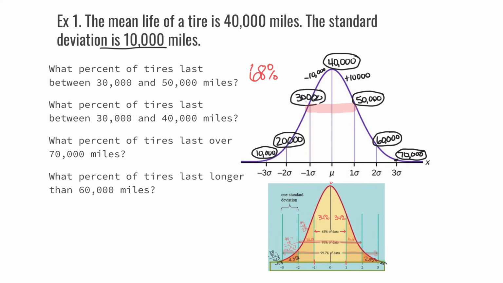What percent of tires last between 30 and 40? So 30 and 40 is just going to be this section right here. Okay, so that's going to be that 34%. It's half of 68%.